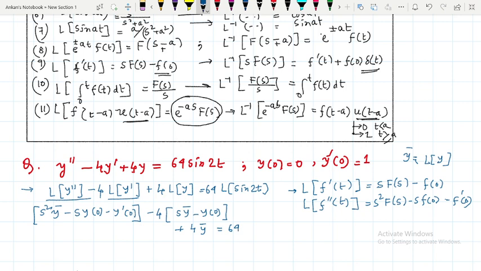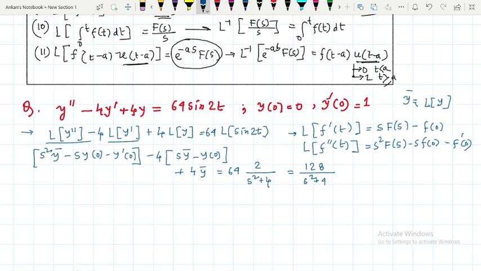What is the Laplace transform of sine 2t? It is a by s square plus a square, and a square means 4. Okay, so 128 divided by s square plus 4. Now we will put the values of y(0) and y prime(0). So this will get cancelled out, this will get cancelled out.